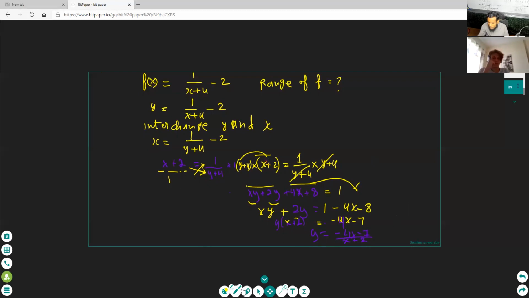Okay, x plus 2. Then tell me the range. Write the range of this. F inverse x is equal to this. This is the f inverse of x.